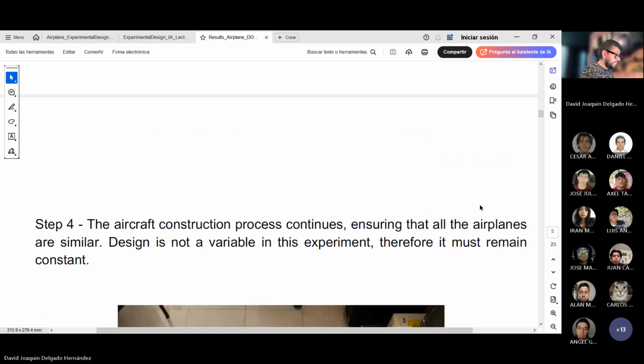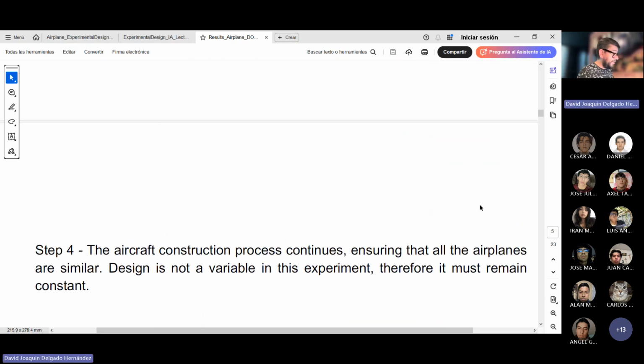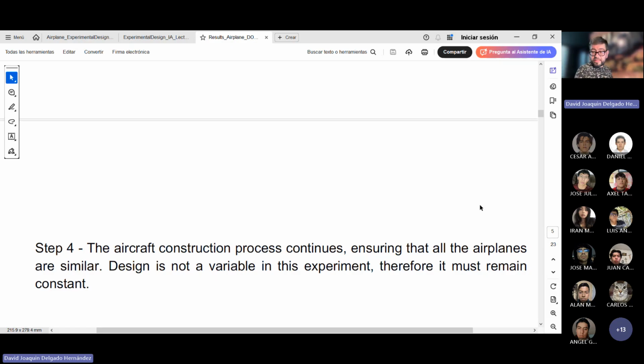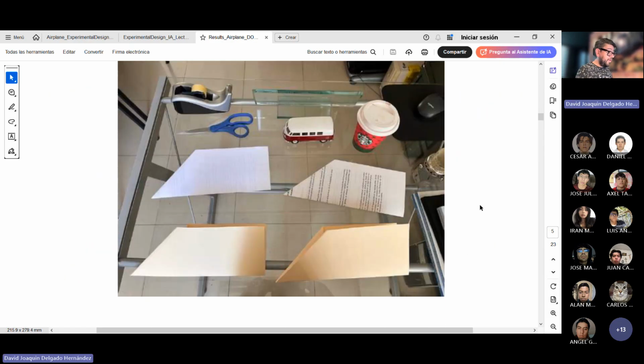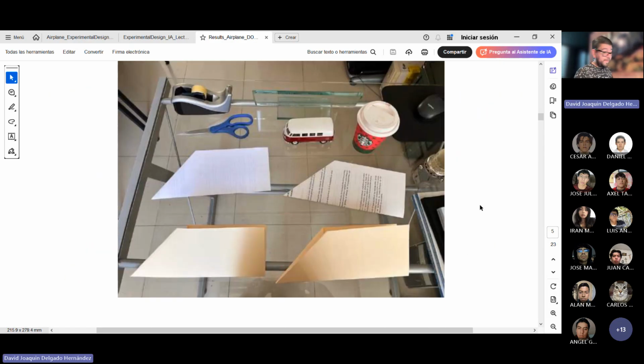Then, step 4, the aircraft construction process continues, ensuring that all the airplanes are similar. Design is not a variable in this experiment. Therefore, it must remain constant. So the design is exactly the same. So what I did was I made sure that all the materials are treated in a similar manner.